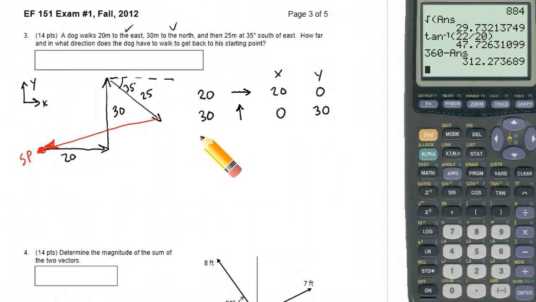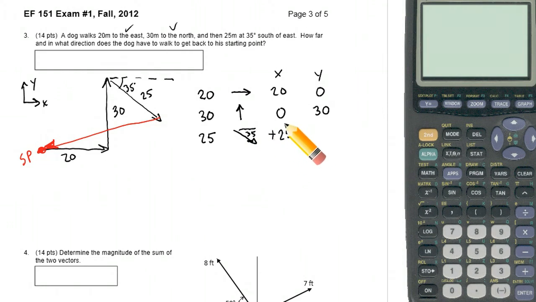We have our 25 meter vector going down 35 degrees. Alright, so the X is going to be a positive 25. It's adjacent, so it's going to be cosine 35. The Y is going to be negative 25 sine 35.